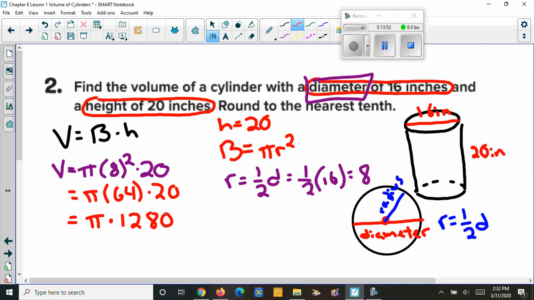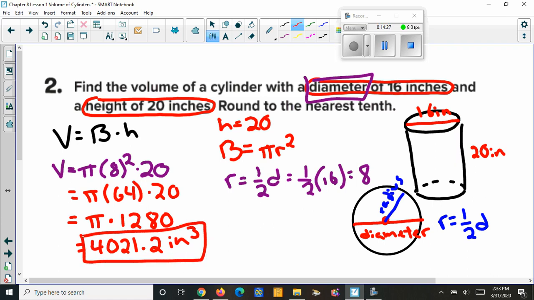Now I need to multiply by pi in my calculator, and I get an answer of 4,021 point. Well, it says 0.23. If I need to cut it off at the 2, the 3 means I round down, so I'm going to stay at 2. My unit is inches. And again, for volume, I'm talking about cubed.